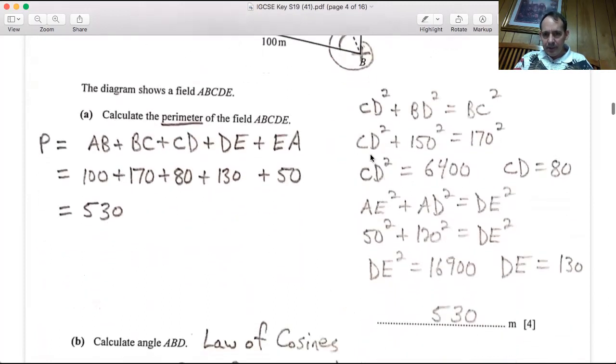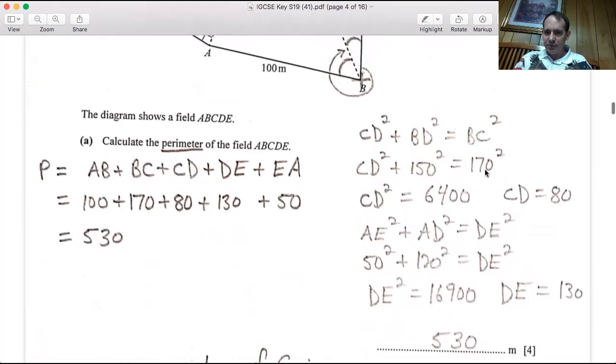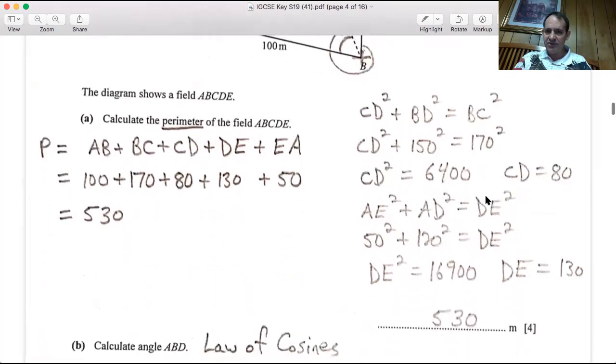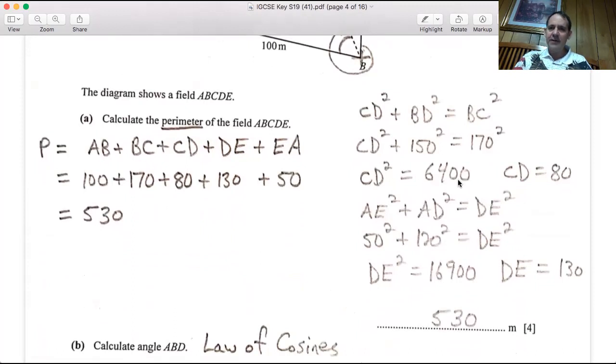So here CD is what we want to solve for. So CD squared plus BD squared, which was our 150, equals the BC squared, 170 squared. So you do that, subtract the 150 squared, you get 6,400. Square root both sides, your CD is 80.